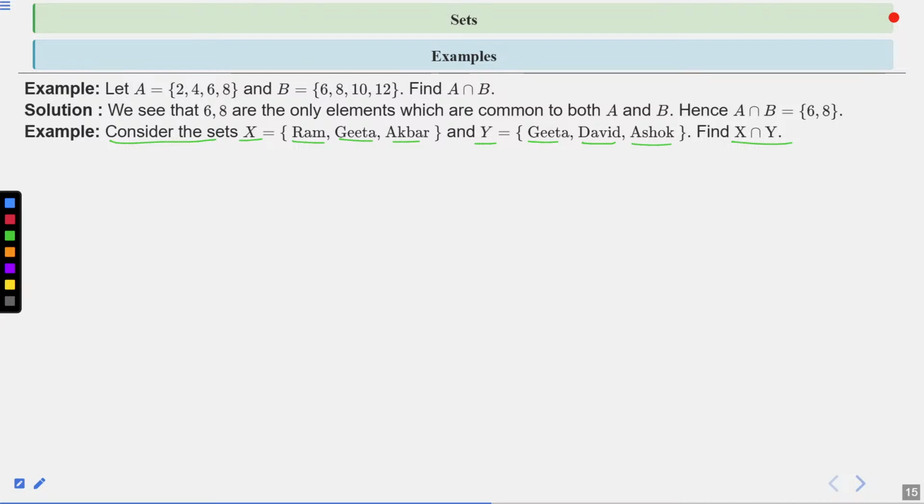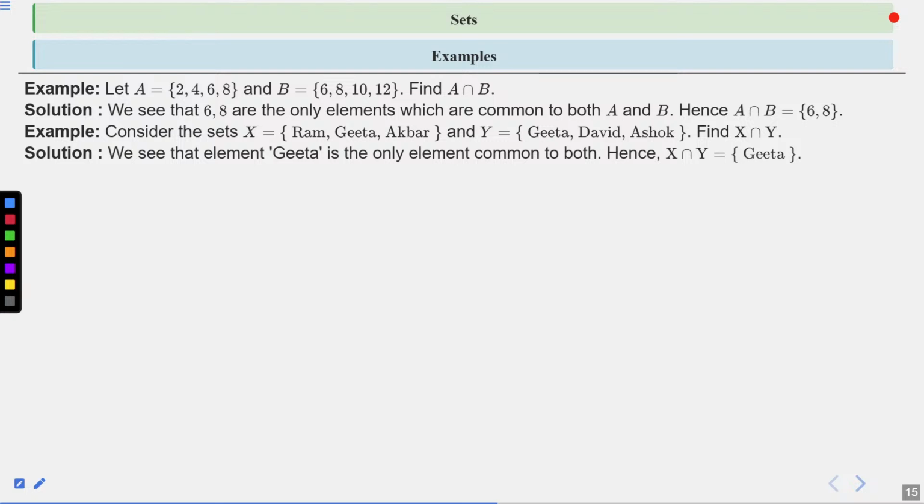How many common elements do you have? Only one, Geeta. So, the solution: Geeta is the only element common to both. So, X intersection Y will be the singleton set with element Geeta. Clear?